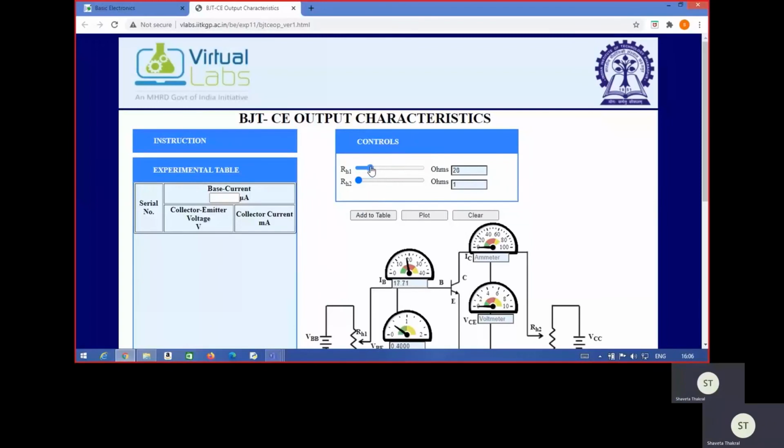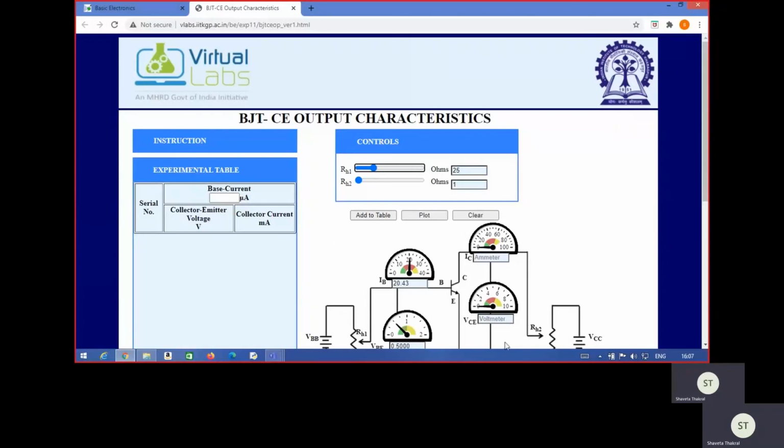Let's say we are putting it at 20.43 microampere. So we can put IB constant at 20.43 microampere.